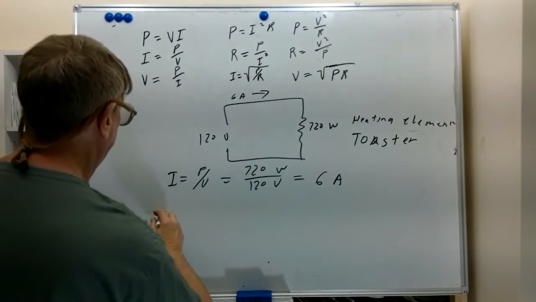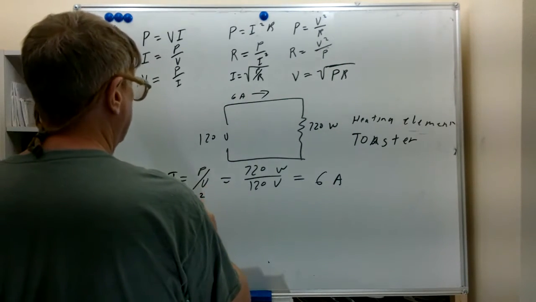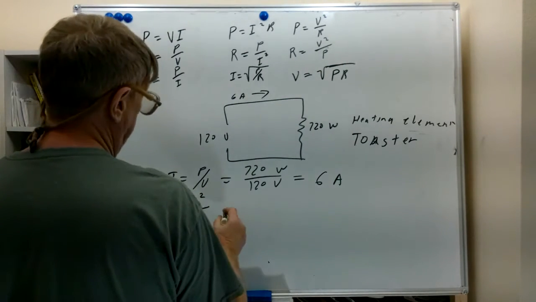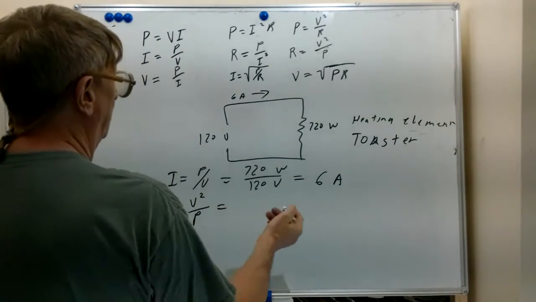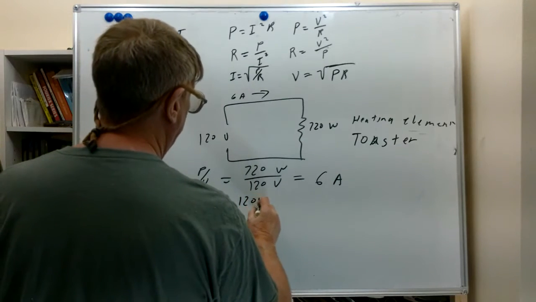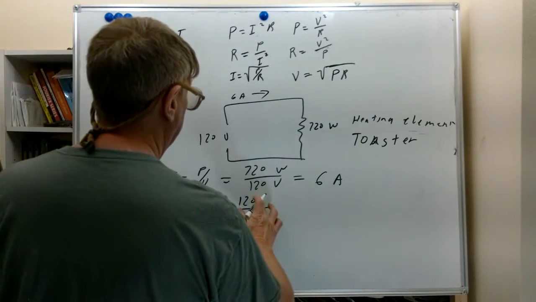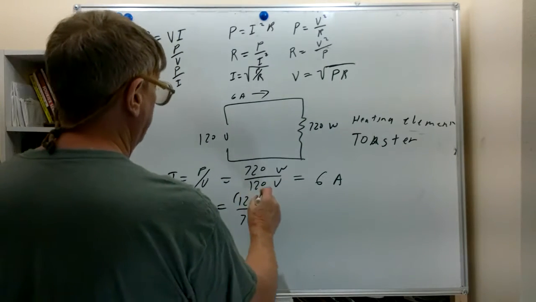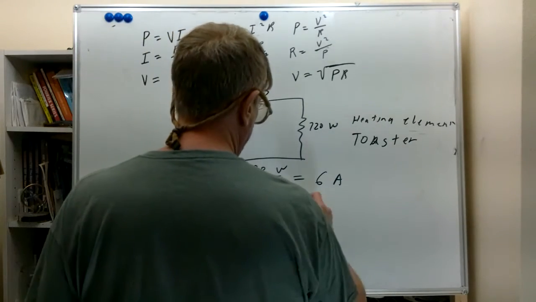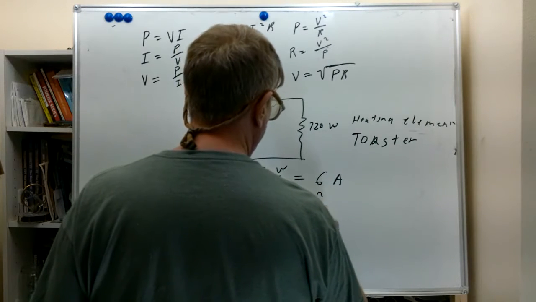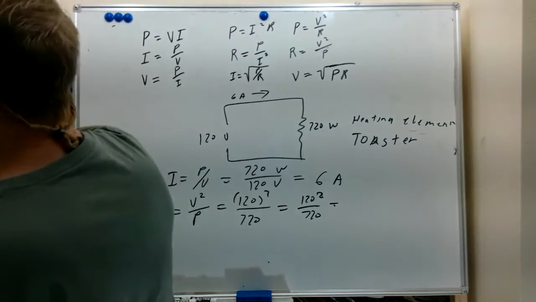Resistance equals voltage squared over power. Our voltage was 120 volts and our power was 720 watts. So we want to square 120. I'm going to grab my calculator and punch the numbers in here.